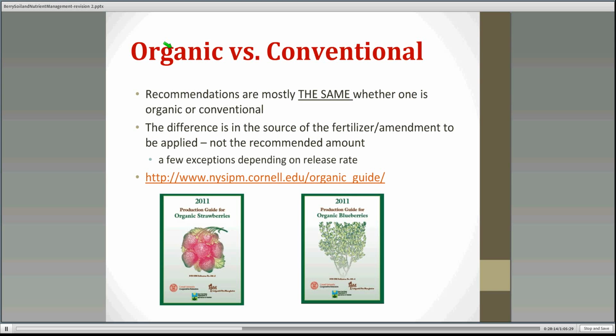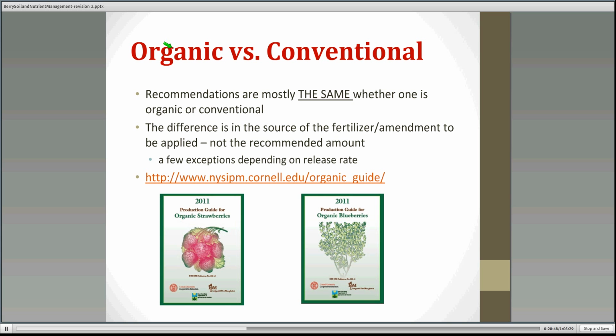And when it comes to bringing those nutrient levels up to recommended levels, it's really the same. The soil test results will tell you, okay, you need so many pounds of P2O5 or K2O, potash or phosphorus, nitrogen. And really, when you talk about organic versus conventional, it's just the source that you're changing. So the percentage of nutrients found in organic fertilizers is usually lower than those found in conventional fertilizers.